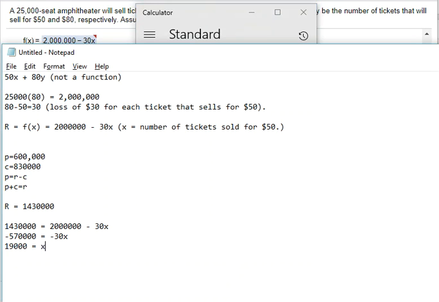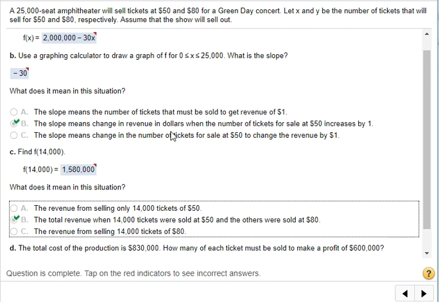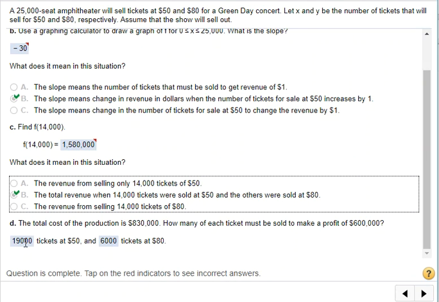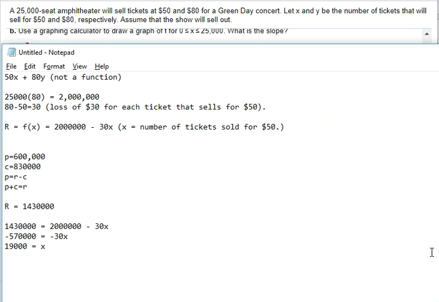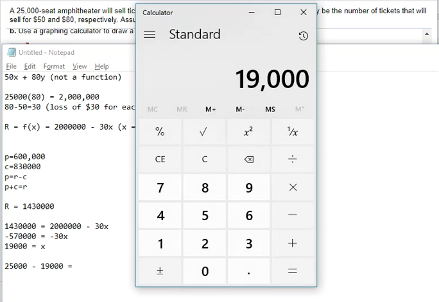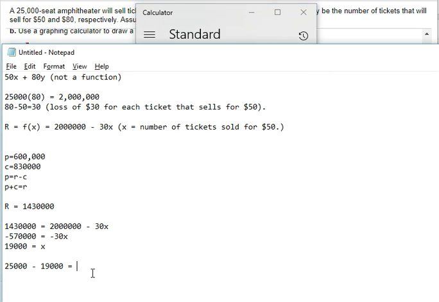Okay, so let's go back to my correct answer and scroll down. This would mean I sell 19,000 tickets at $50, and to get the rest of the answer, I know that there were already 25,000 tickets. So if I take 25,000 and subtract my 19,000, that is going to give me the number of tickets I sell at $80, which is 6,000.